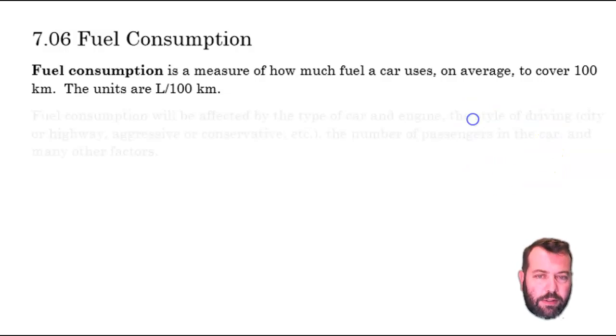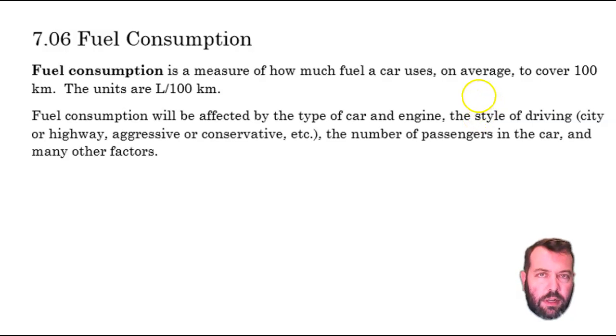So let's have a look at some background to fuel consumption. Bigger cars tend to use more litres of fuel per 100 kilometres. We would call that a worse fuel consumption, or a higher fuel consumption. If you drive conservatively, slowly, not much above 90 kilometres an hour, keep the revs low in your car, you'll probably use less fuel.